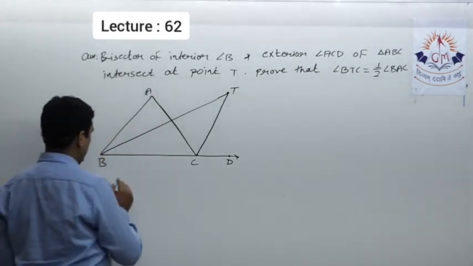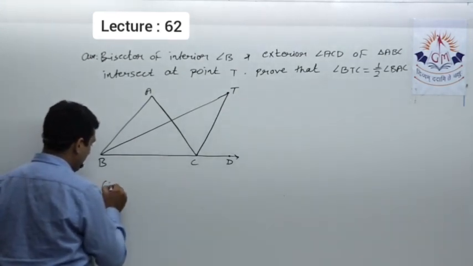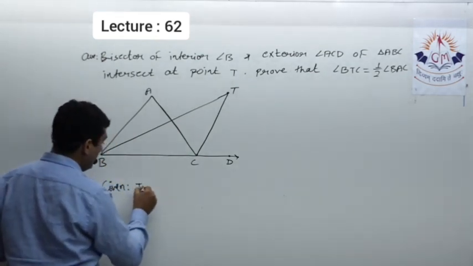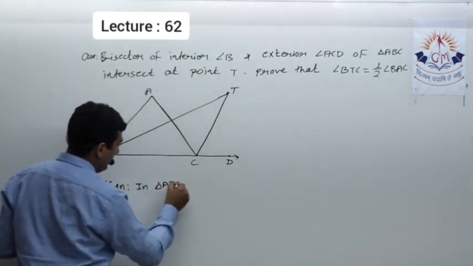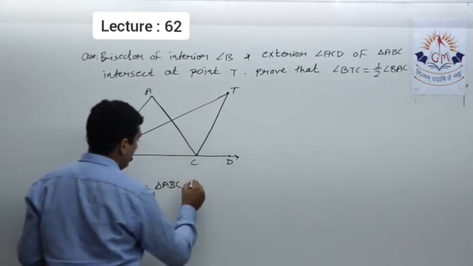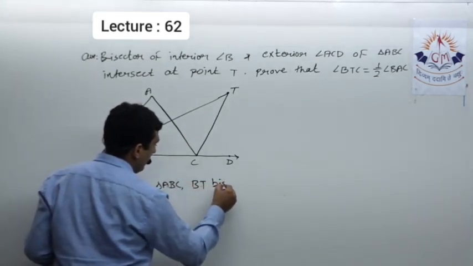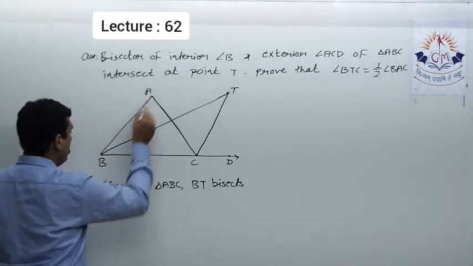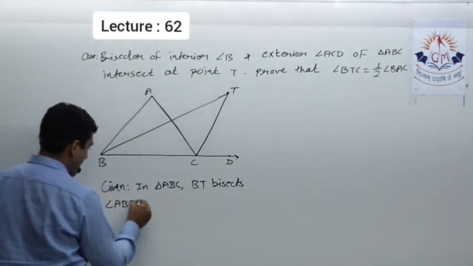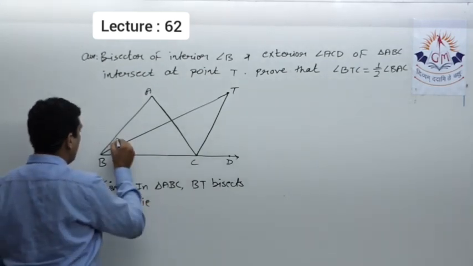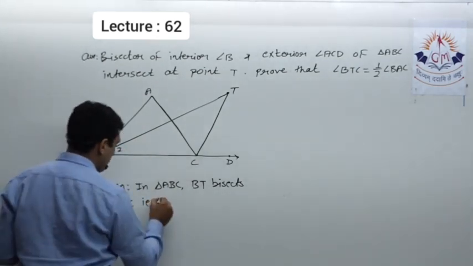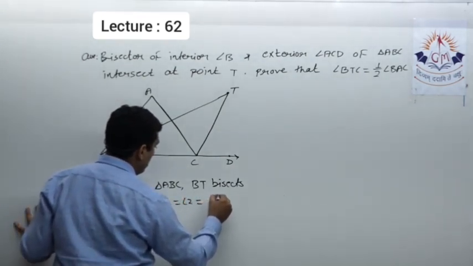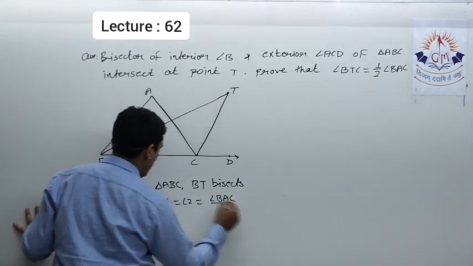Okay, so what we have given: in triangle ABC, BT bisects angle ABC, that is, I can say angle 1 is equal to angle 2 is equal to angle ABC by 2.